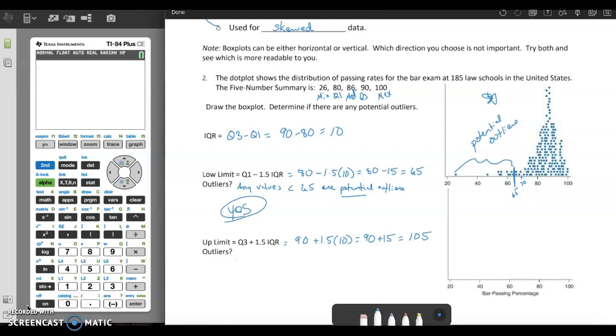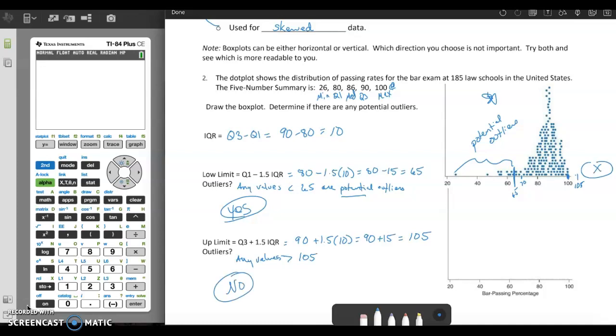In the top, it would be any value over 105. But we already know the max value is 100. That's the max value, so there are no values beyond 105. There's nothing over here. So no, there aren't any outliers in that upper direction.